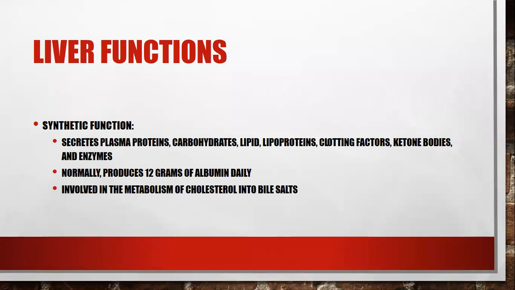One important function of the liver is that it is capable of synthesis. And what are these substances synthesized by the liver? This includes plasma proteins, carbohydrates, lipids, lipoproteins, clotting factors, particularly vitamin K dependent factors, ketone bodies, and several enzymes.